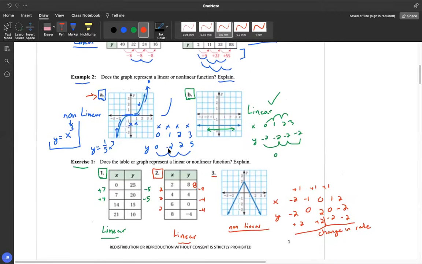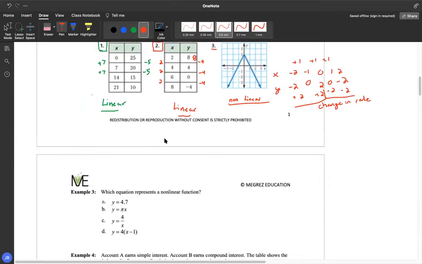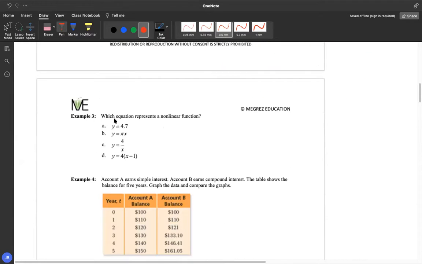All right, perfect. Let's see. So example 3 says, which equation represents a nonlinear function? So we have 4 choices. How about we do this? Thumbs up if you think A is linear. Y equals 4.7. I see 1 thumbs up. What do we think?